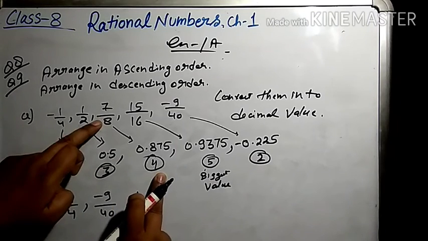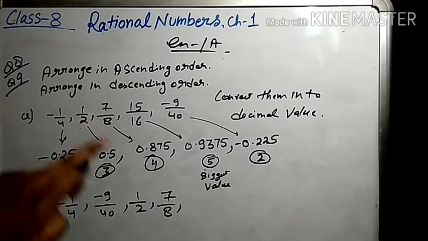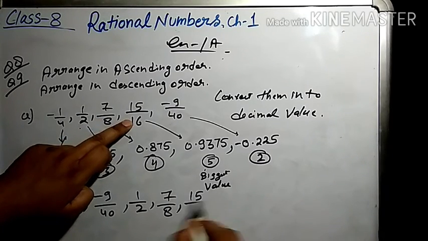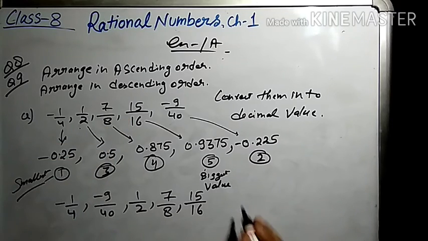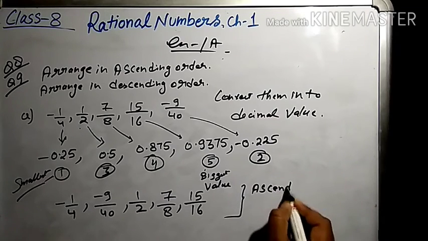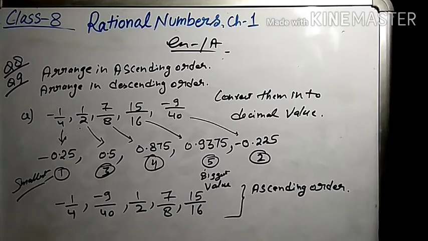After this, 7 upon 8, and then 15 upon 16. In which order have we arranged this? We have arranged it in ascending order.